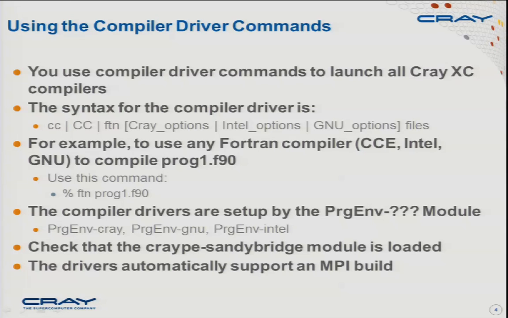So you can use cc for the normal C compiler, CC for the C++ and ftn for the Fortran compiler, and then you can specify which options, of course, depending on which compiler you're using, and then the files you want to compile, okay? So this is a clear example. For example, you want to compile Fortran, and then you can use ftn, okay? So always use this wrapper to the compiler and load the correct module, okay?